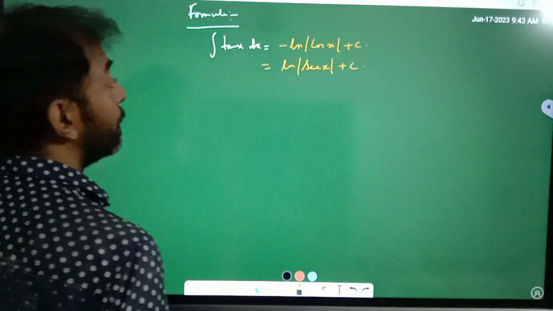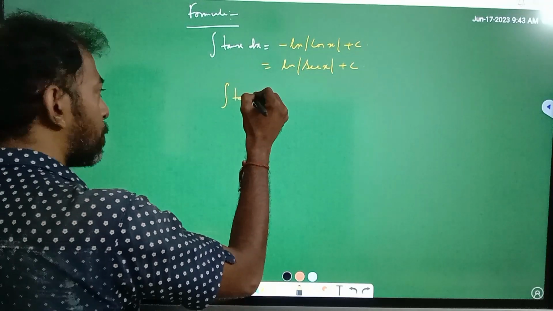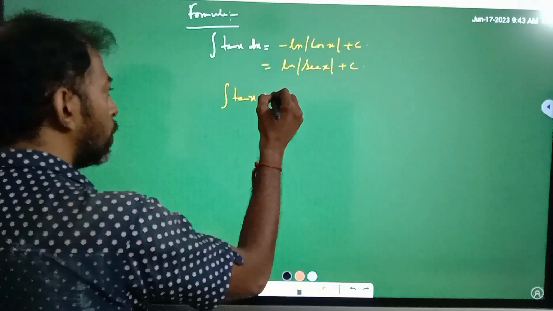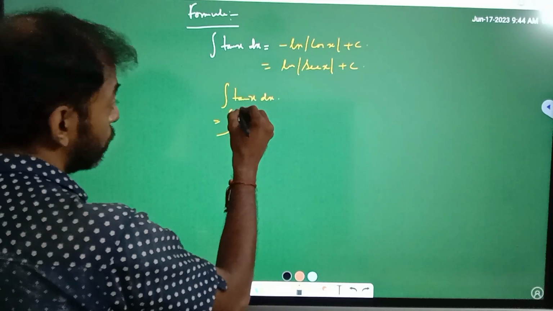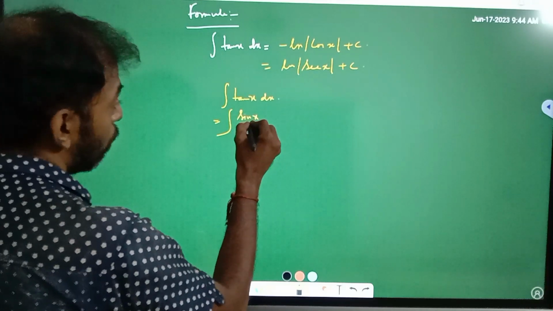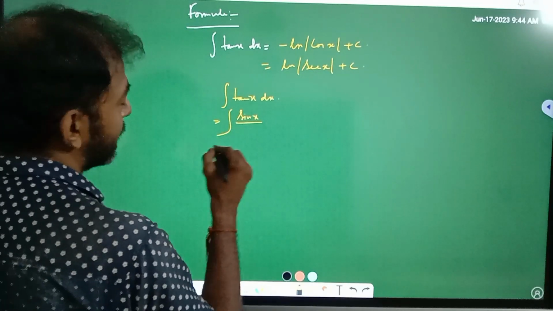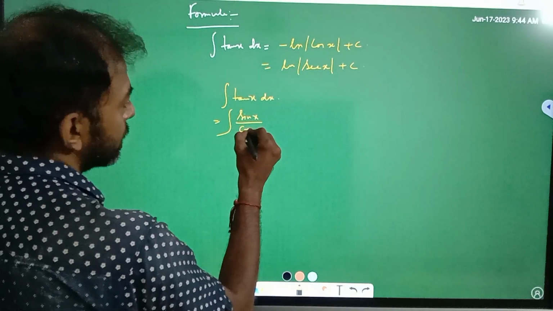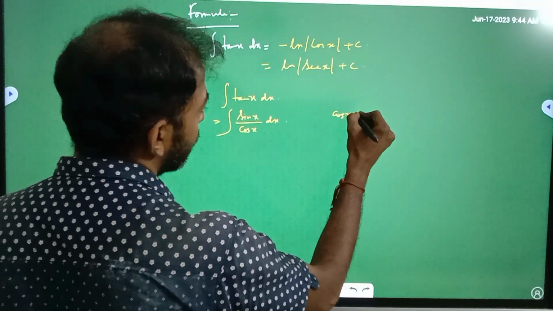So what will be the procedure here? Actually, it can be given as a problem also, so we need to know about that too. In order to obtain the integration of tan x, we break tan x as sin x by cos x. After that, we consider cos x equals z.